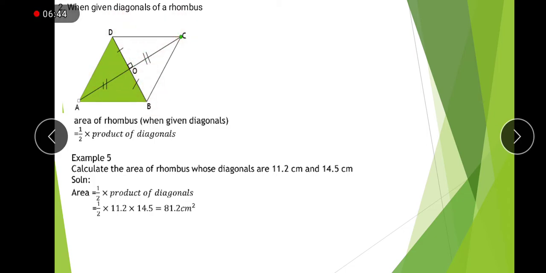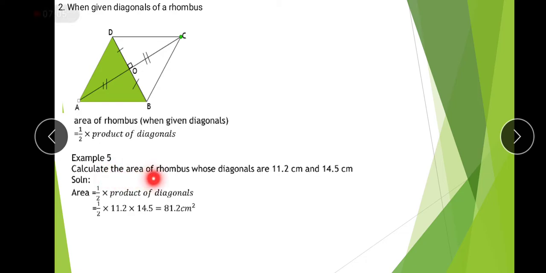Now, the formula of finding area of rhombus when given diagonals is a half times the product of diagonals. We multiply the diagonals, we multiply by a half.